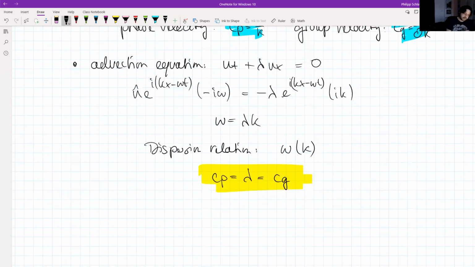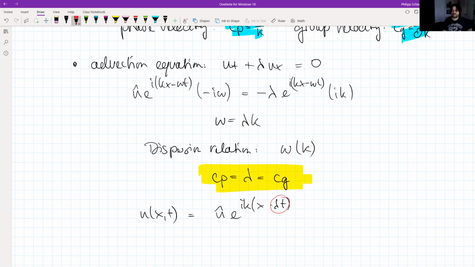And of course, that means that I can write down now the exact solution. U of x and t is u hat times e to the ik(x minus lambda t). What my solution now shows me is that my wave is just moving with a speed lambda.